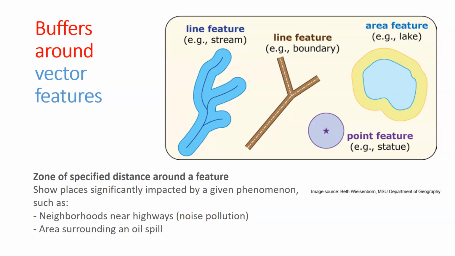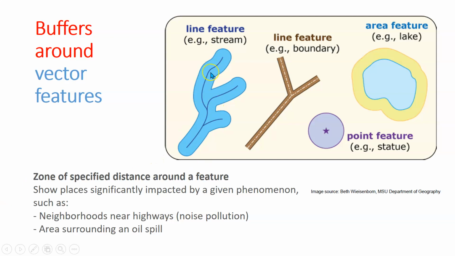Well, buffers usually allow us to represent certain features or phenomena that are close to a focal feature like a river, a road, a point, let's say a point of noise, or some polygon, for example, school, or the area of school.